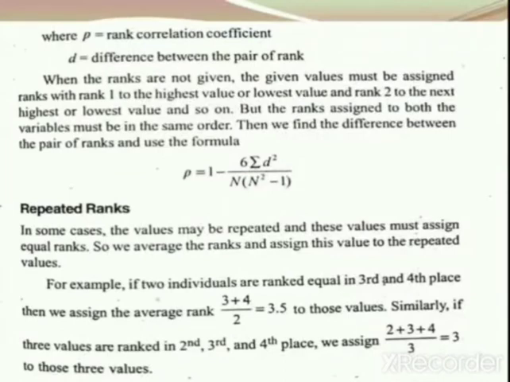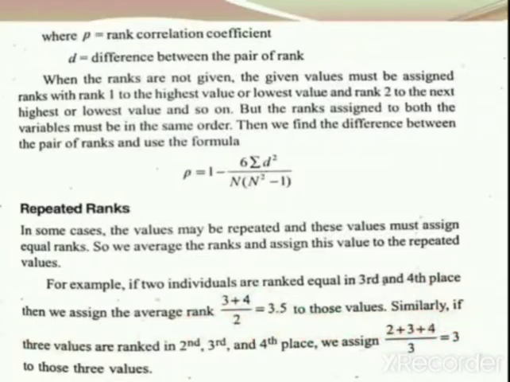Let us see our next type, which is repeated ranks. In some cases, the values may be repeated and these values must be assigned equal ranks. So we have to find the average of the ranks and assign this value to the repeated values. For example, if two individuals are ranked equal in third and fourth place, then we assign the average rank, which is 3 plus 4 divided by 2, equal to 3.5, to those values.